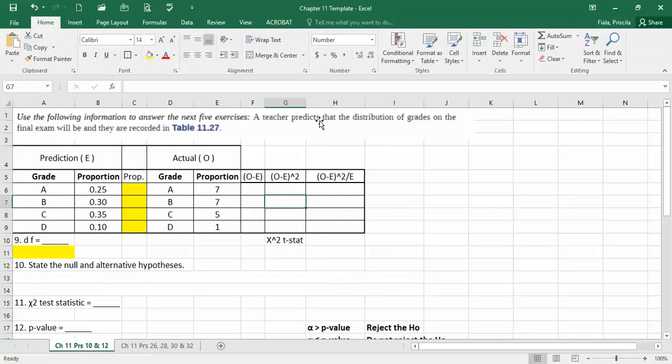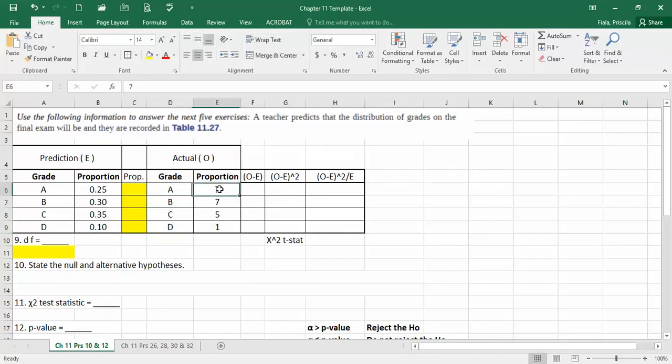A teacher predicts the distribution of grades on the final exam, and they are recorded in the table. Her prediction, her expected values, are on this side of the table, and the actual values are over here.